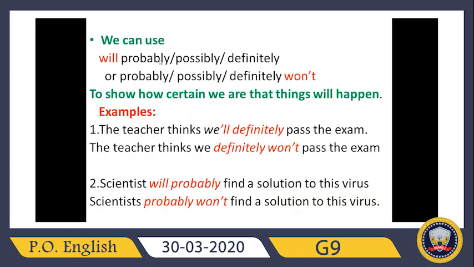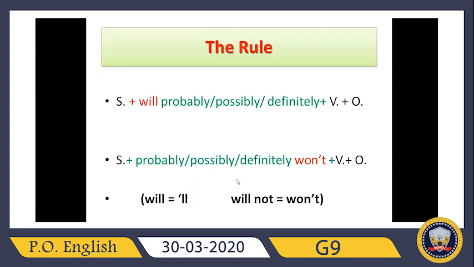Here, if I see one of these words and I want to say will, put will at the first. If I see these words and I want to say that it will not, then put won't here at the end. Let us see the rule. Subject plus will plus these words, probably, possibly, definitely, plus verb plus object. If I want to say won't, then subject, probably, possibly, definitely, won't, plus verb plus object.